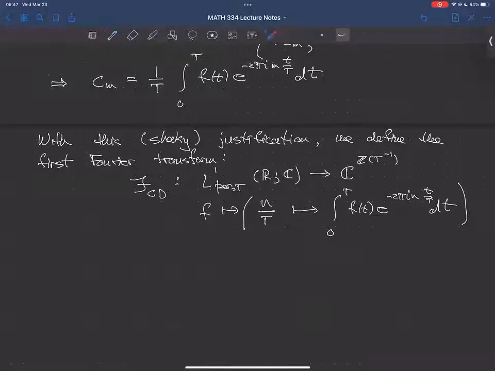This takes this function into this function, and this function is a function of this discrete frequency variable.